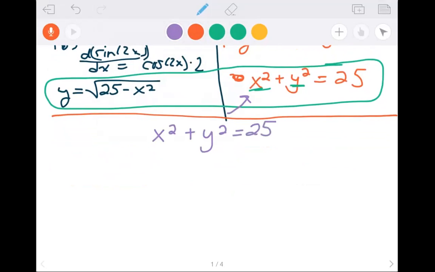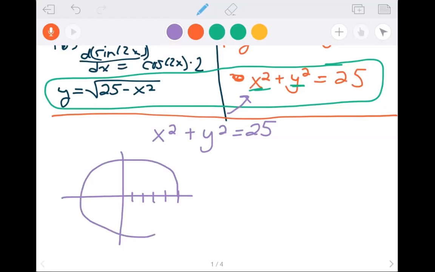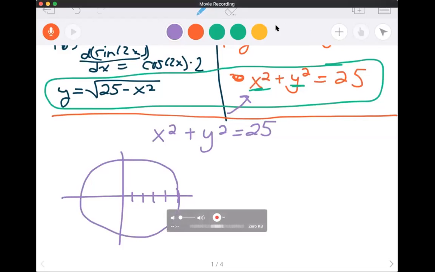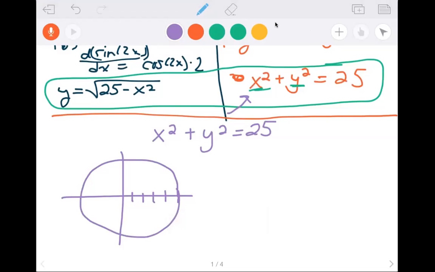This is a circle centered at the origin with a radius of 5. Whoop, not the best. I'm going to share my Desmos screen for a second and go graph that. Actually, I'll graph it when we're done, but pretend that doesn't look so much like a potato.